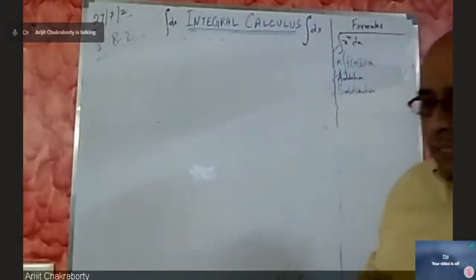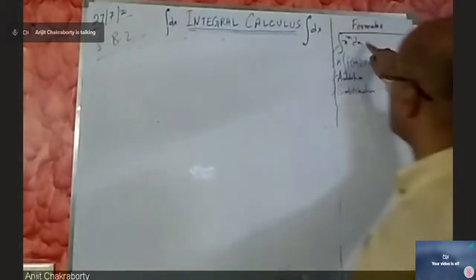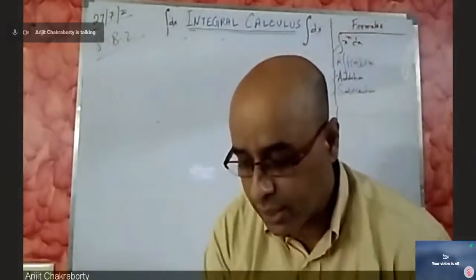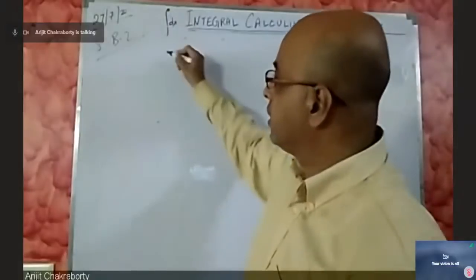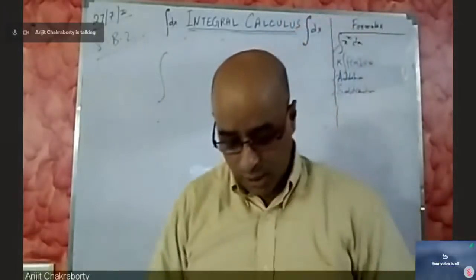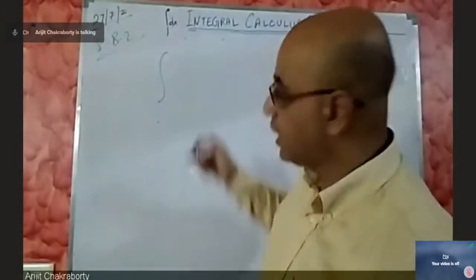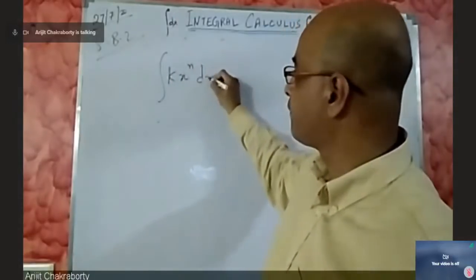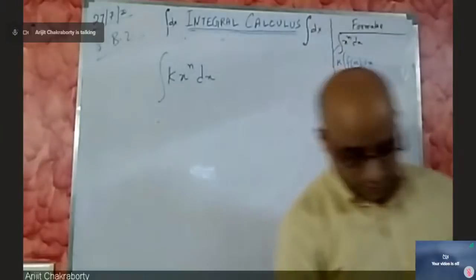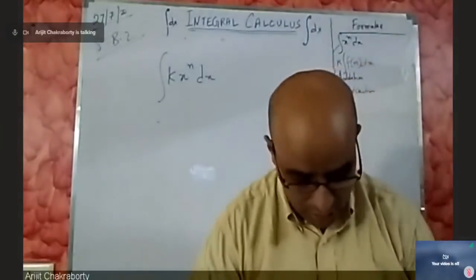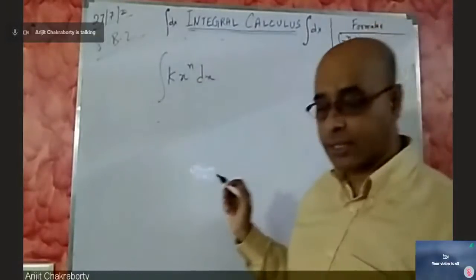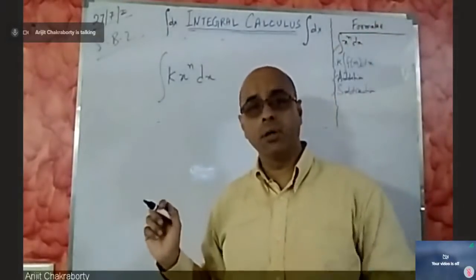Okay. What happens? So this will be 1, 2, 3, 4. The fifth formula. The fifth formula is, please note, k into x to the power n dx, where k is a constant.